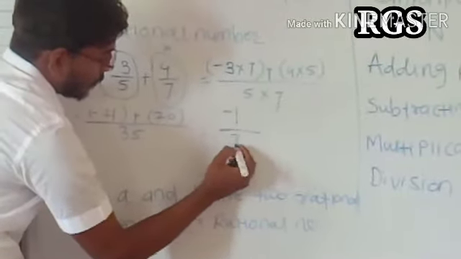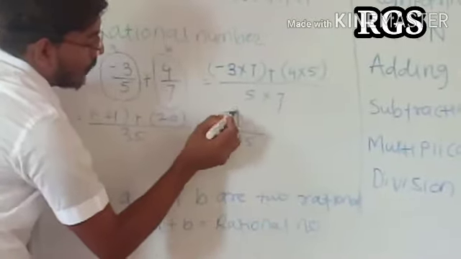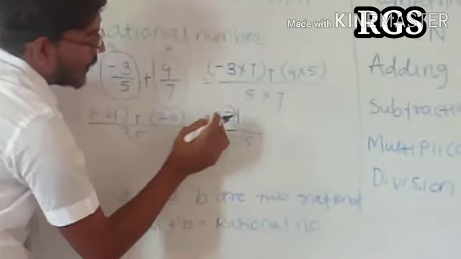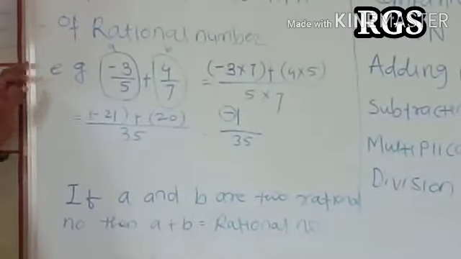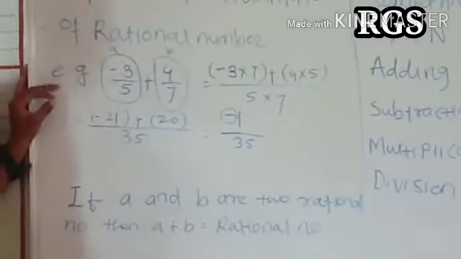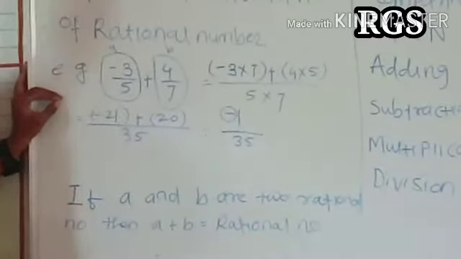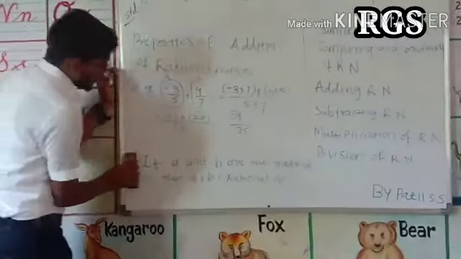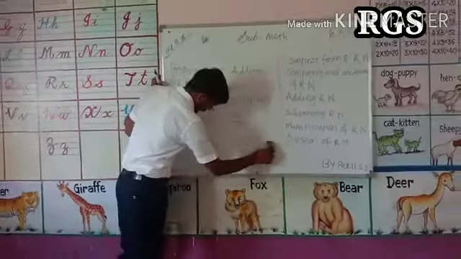Therefore, minus 1 upon 35. Why have we taken the minus sign here? Because this greater number has the minus sign. We will take the sign of the greater number in addition or subtraction. That's why here we take the minus sign. And we get the solution minus 1 upon 35.